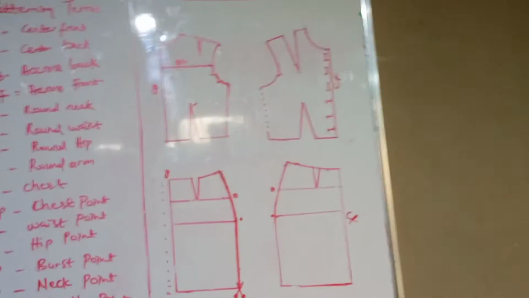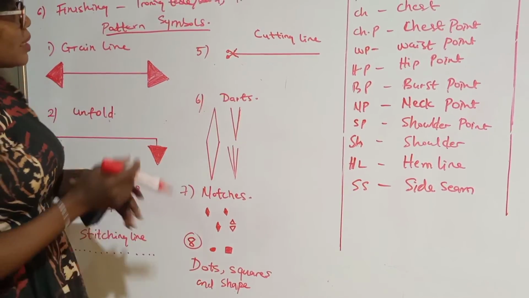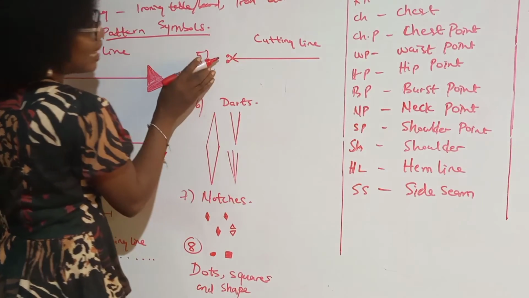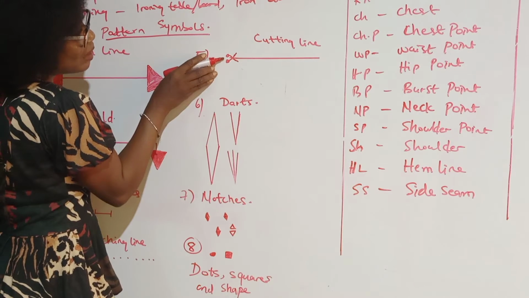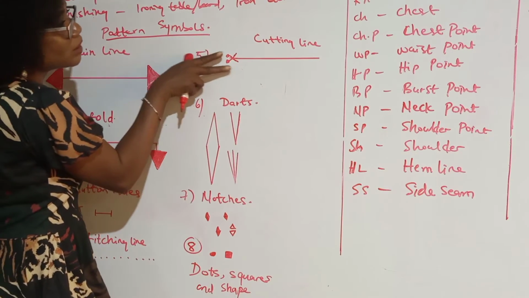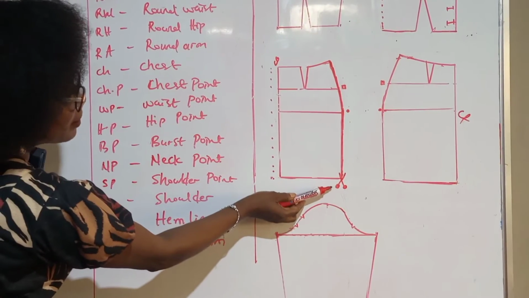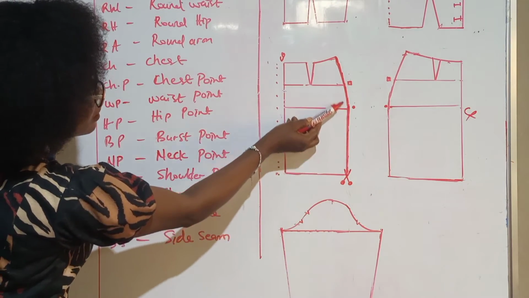Now, the next one is the cutting line. It's represented with a thick line. Then at the edge of it, you see scissors. It represents the line through which you are cutting. That is what you are looking at here on this pattern. That is the scissors. It means you are cutting through this line.